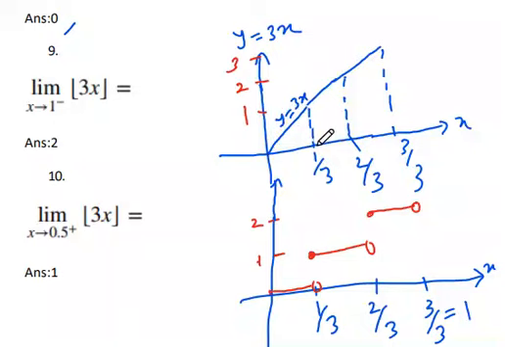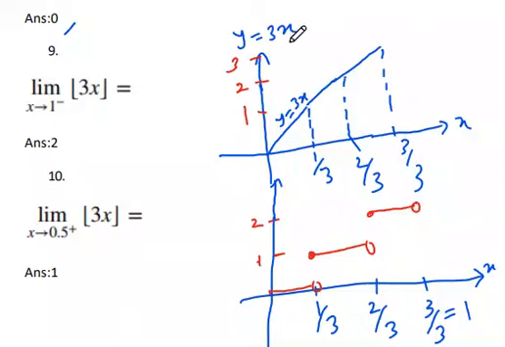And if your x is between 1/3 and 2/3, your functional value is between 1 and 2, and if your x is between 2/3 and 3/3, or 1, your functional value is between 2 and 3, right?